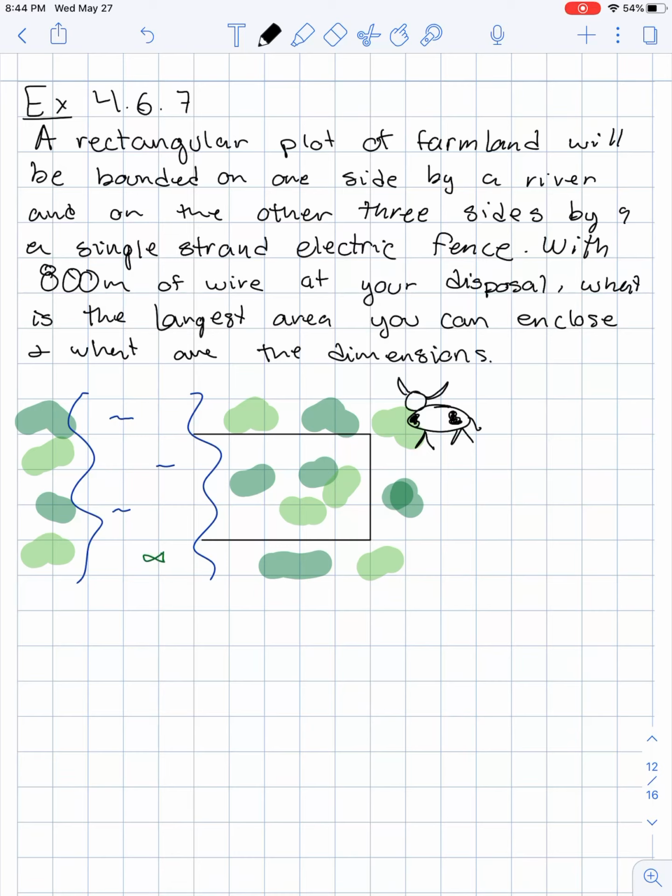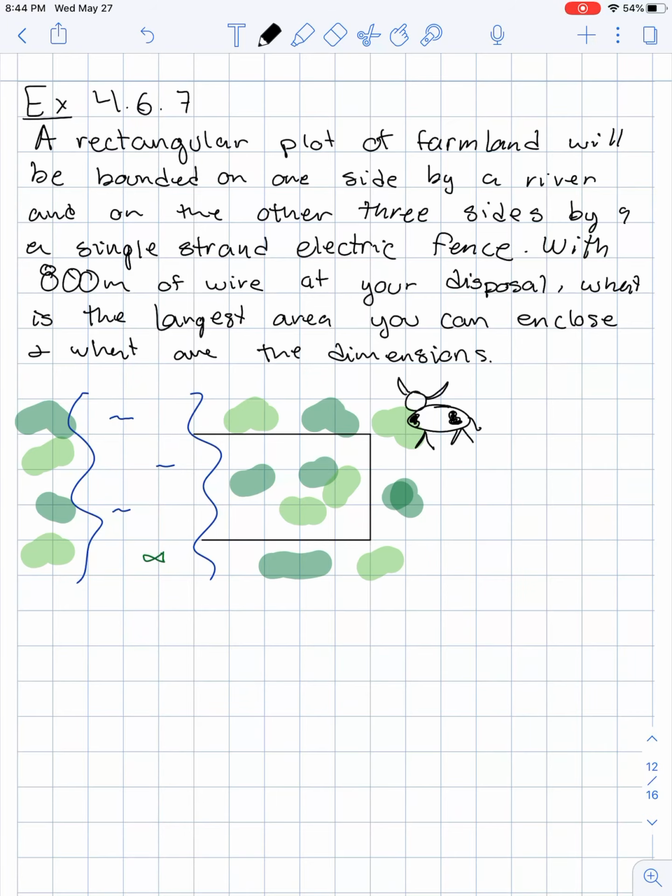So we're given that a rectangular plot of farmland will be bounded on one side by a river, which you can see that I've drawn, and on the other three sides by a single strand electric fence. So single strand means just one strand's going over. With 800 meters of wire at your disposal, what is the largest area you can enclose, and what are the dimensions? Kind of going without saying, the way to get the largest area is to use all 800 of wire.